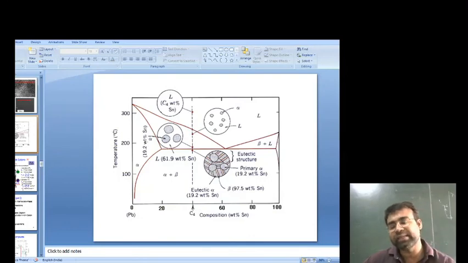So for understanding the iron carbon diagram, we first understood this basic binary system, how the transformation from one phase to another takes place, and how the microstructure is represented over here. So this is what we discussed throughout the lecture, and in the next lecture we will continue with the new topic.